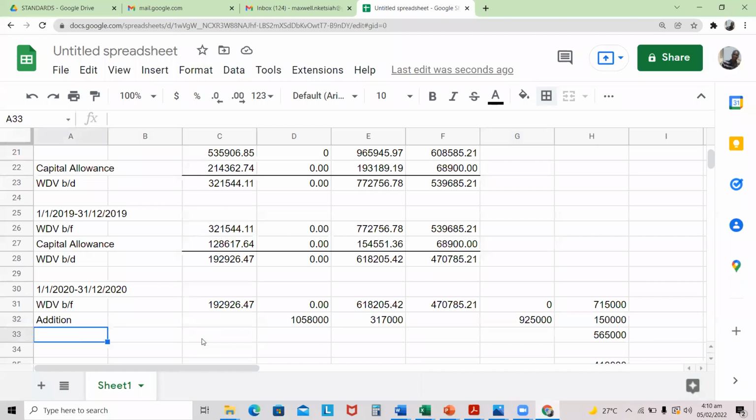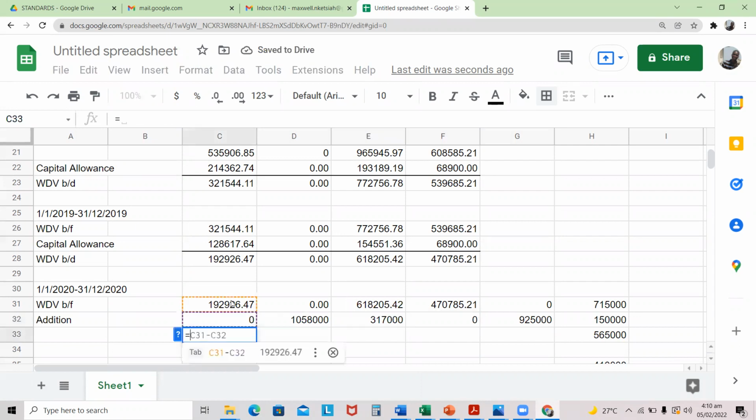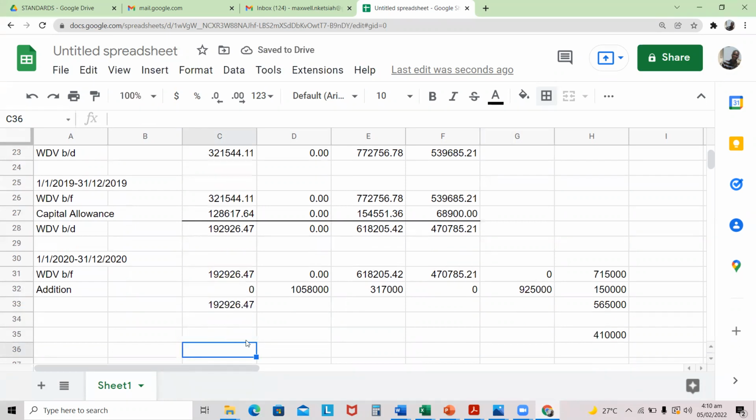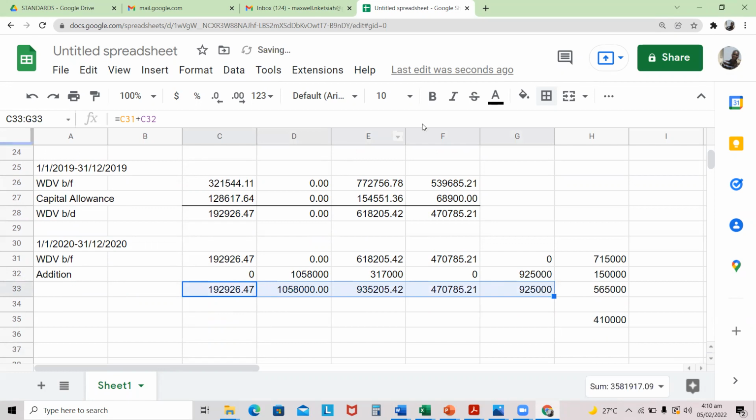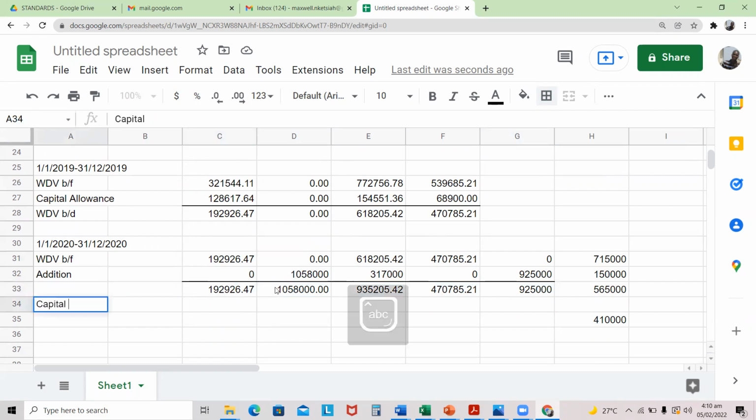So what are we going to get? It's 0, 0. So to be this plus this. We'll calculate our capital allowance.